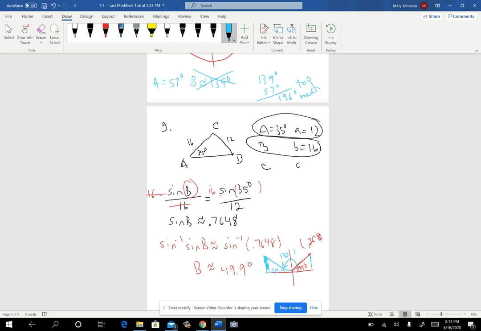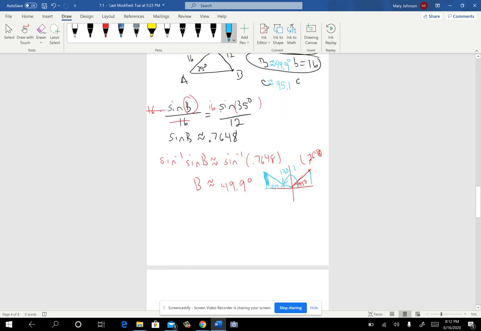So here's where you think about whether that would be possible. I could use 49.9 here, and then I would have some measurement left to find my C. My C would be 95.1.